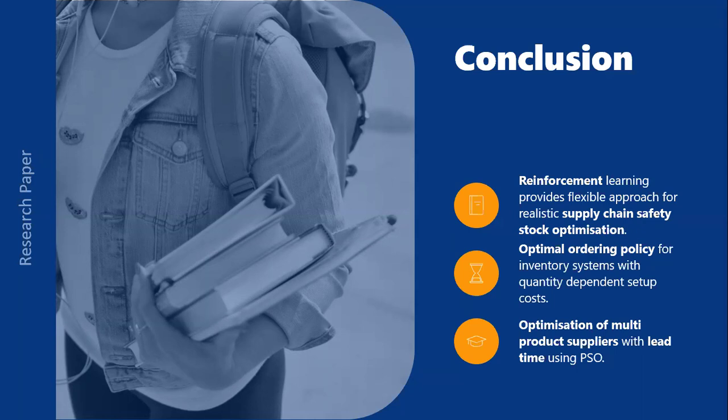Second most important concept, we find that an optimal ordering policy of an inventory system with quantity dependent setup cost can be done. And third, last but not the least, optimization of multi-product supplies with efficient lead time management can be done through PSO.